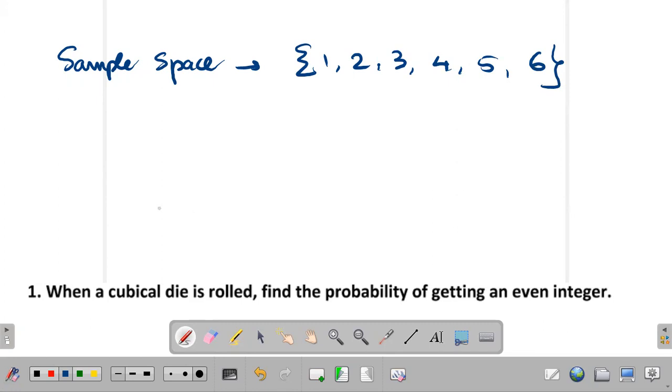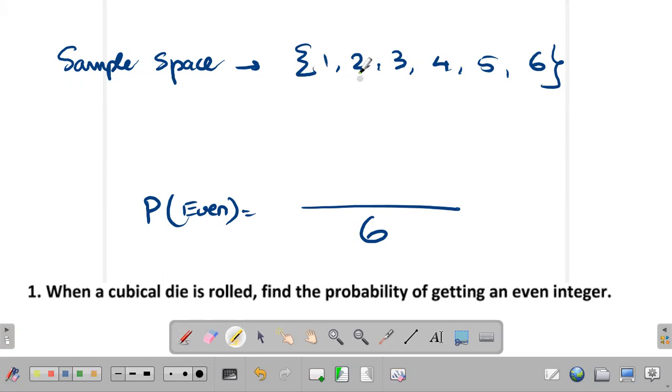In that, what is the number of favorable outcomes? 2, or 4, or 6. That is nothing but the even numbers under consideration.